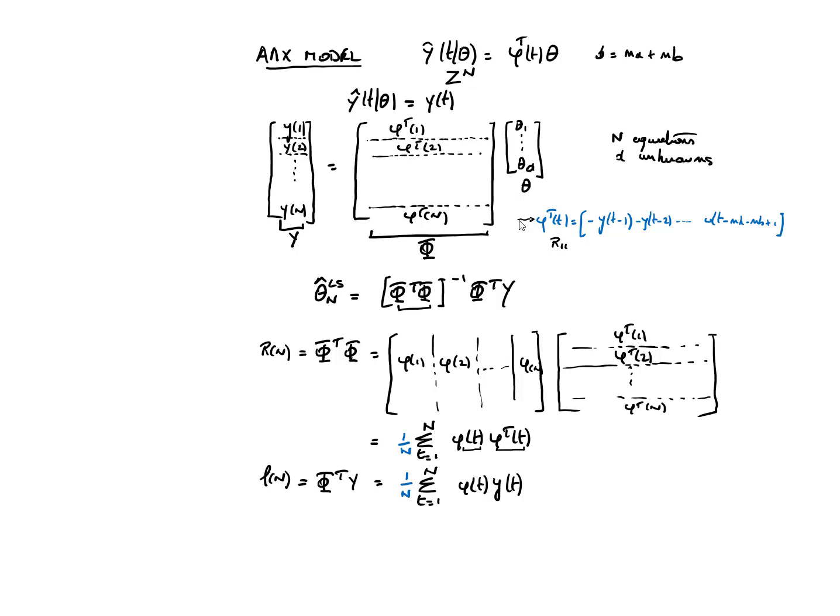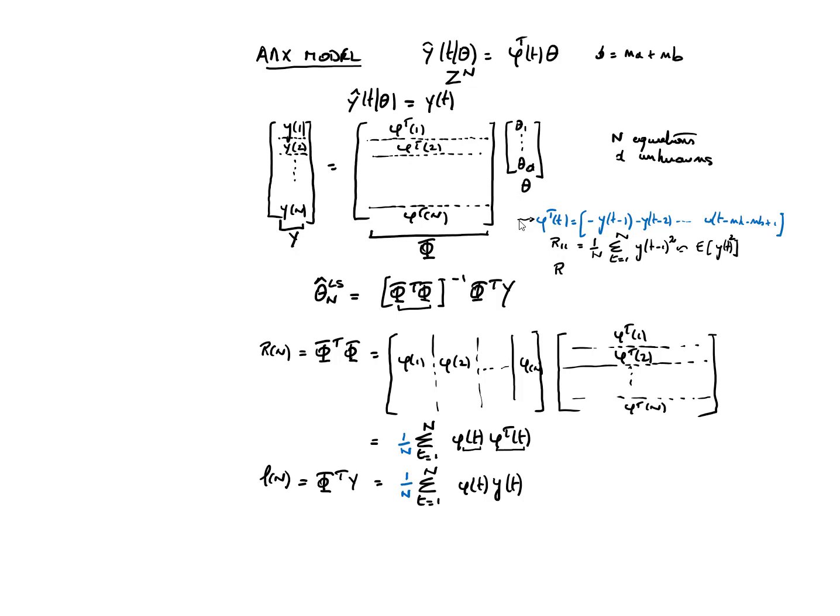So what we have to do now is look at how the first element is constructed, and if you look at that, it's 1 over n, a sum where t ranges from 1 to n of y(t minus 1) times itself, so squared. Okay, so this is an estimate of the variance of y.